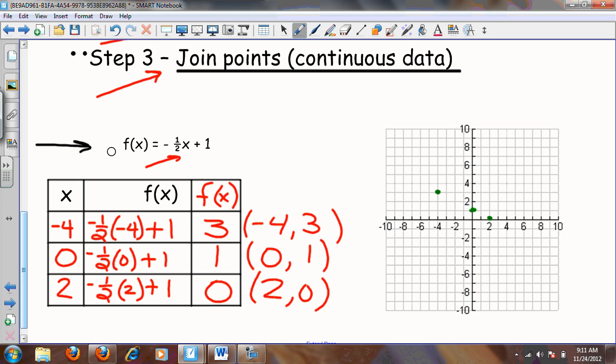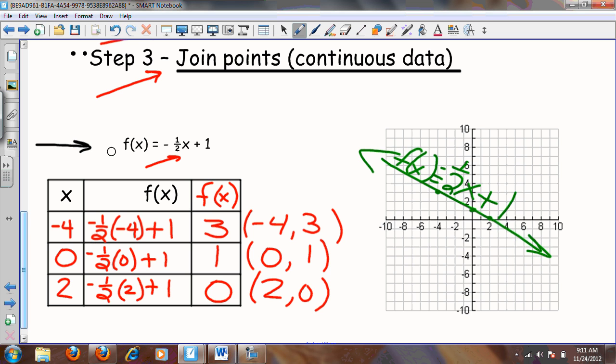Lastly, join the points, continuous data. I could put in any number and I will get information on all of these points here. If you really want to get involved, typically you would write the function on your line. This line is showing f of x equals -1/2 x plus 1.